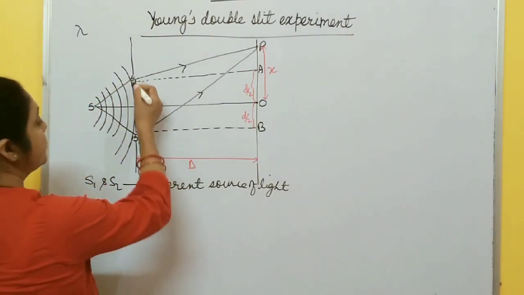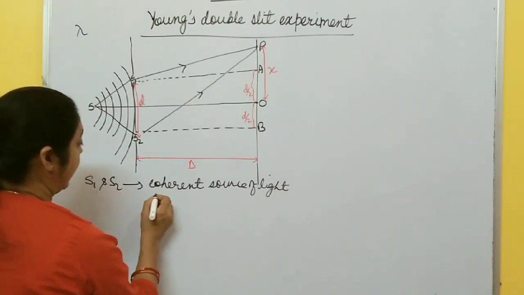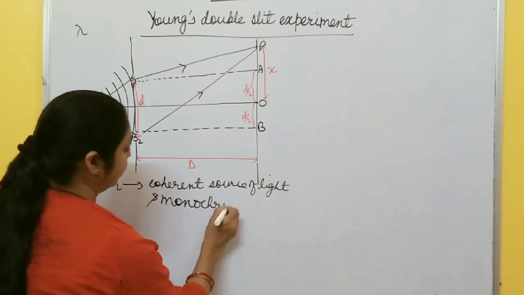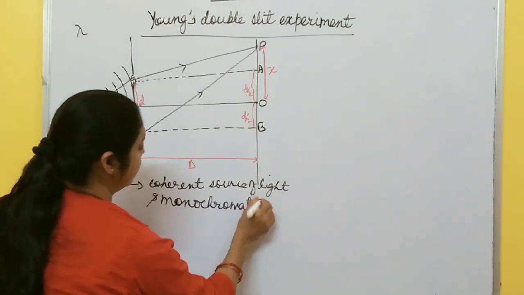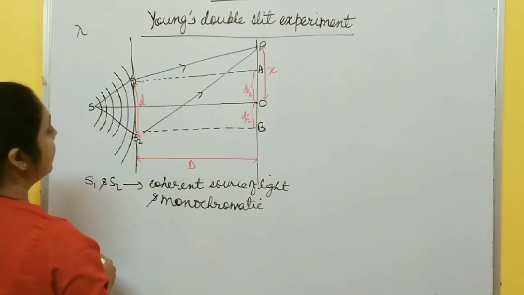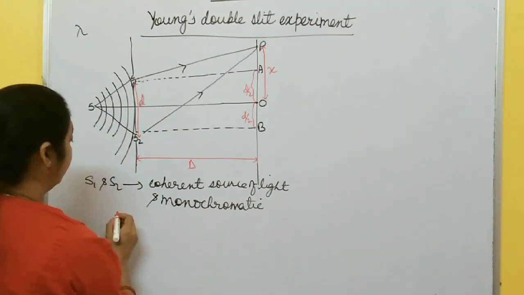First, these two sources S1 and S2 must be coherent sources and also monochromatic. These two sources have the same color, the same wavelength lambda. Again, let us suppose that the distance between these two sources S1 and S2 is small d.